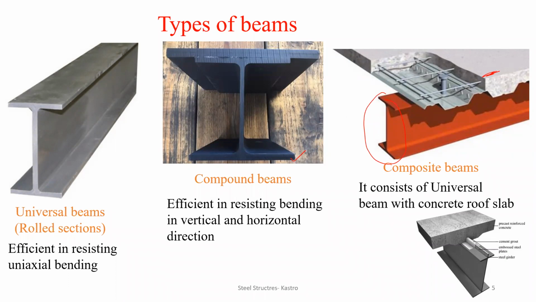So these are the 3 broad classifications of beams. The first one is the universal beam, which is a rolled steel section, the second one is the compound beam, also called a built-up beam, and the third one is the composite beam, which is a combination of steel member along with the concrete member.